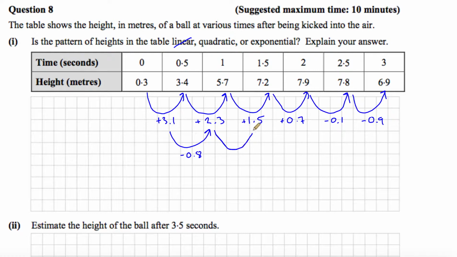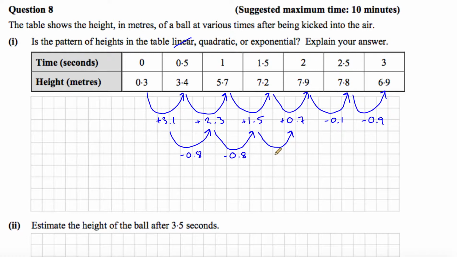To go from 2.3 to 1.5, again, just subtract, take away the 2.3, and again, this gives us minus 0.8. So we can see now we've got a common second difference here. We'll just keep checking though.